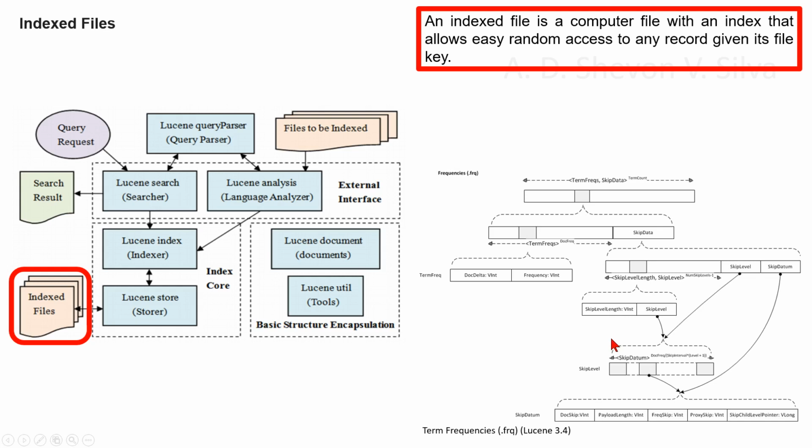All skip data in all levels except the last level have a skip child level pointer, which points to the next skip level.